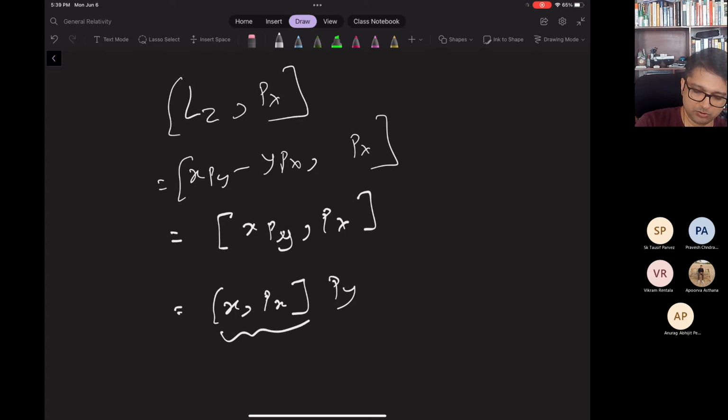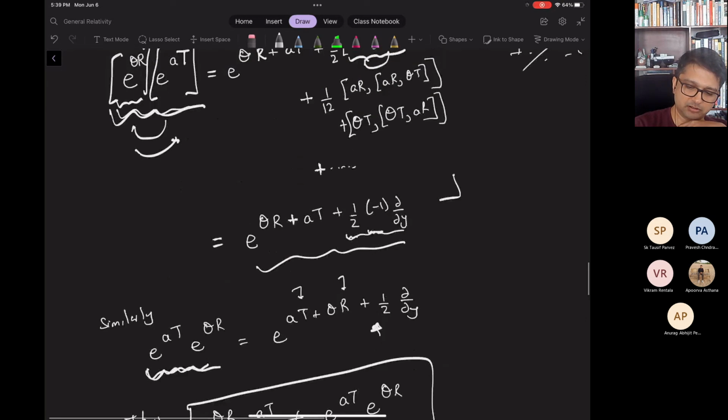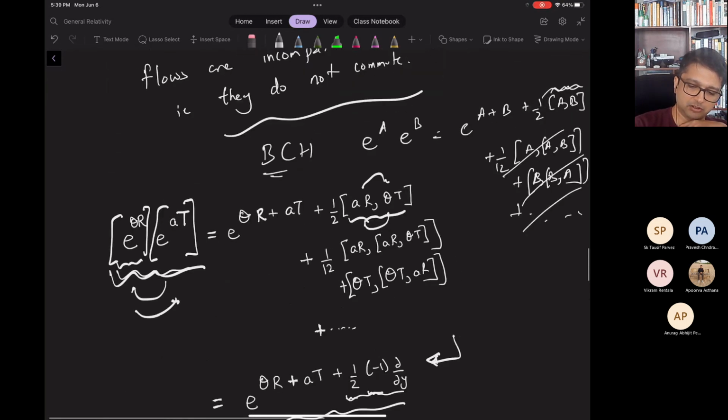And the fact that these two don't commute is going to give me something like i h bar p_y. So it is indeed very much related to the non-commutativity of L_z with p_x. And that's what we saw also, right? This is partial y, and that's exactly the extra term that we got here from the non-commutativity of rotations and translations.